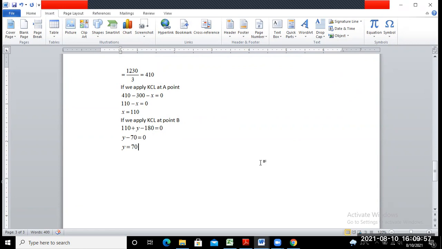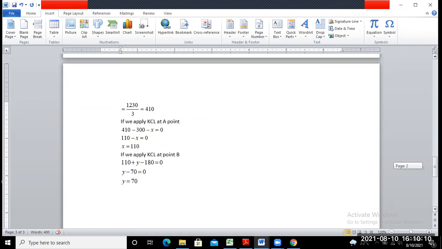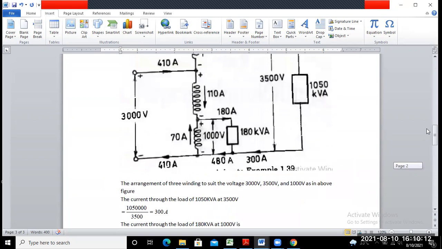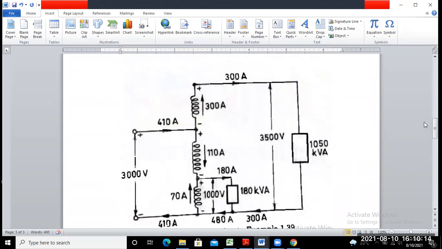In this way, you can practice problems based on the auto transformer. Just see how we can approach any problem according to the data provided. Mainly we concentrate on the connection of the auto transformer from a single phase 3 winding transformer according to the problem statement.